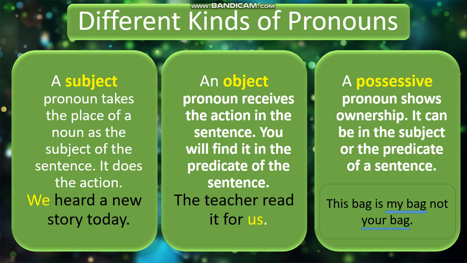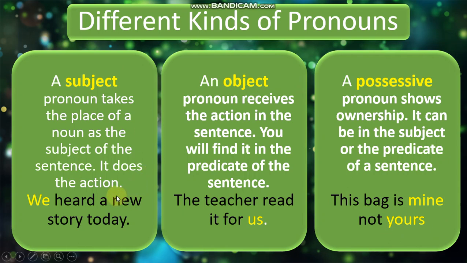It has to show that this is my bag and not your bag. So what is the pronoun we can use here? I can say, this bag is mine, not yours. You see, instead of saying my bag, I said mine. And instead of saying your bag, I said yours. So these words show who the bag belongs to, mine and not yours.